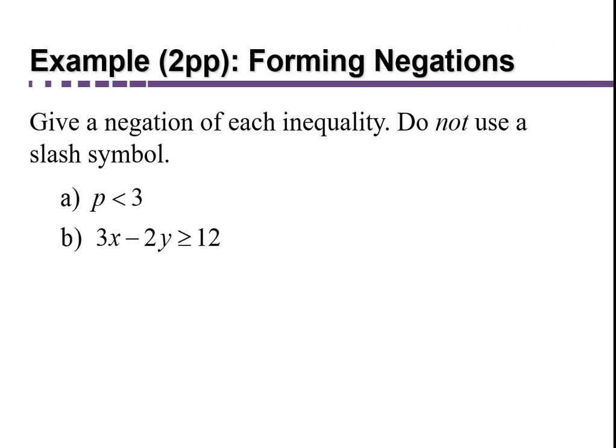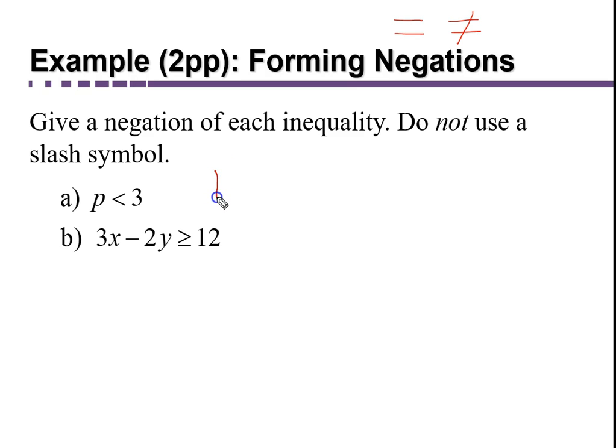So here we're talking about that sometimes we say this is equal, and then this is not equal. That's the slash they're referring to. So we're not going to use that. Now, what would be the negation of P is less than 3?